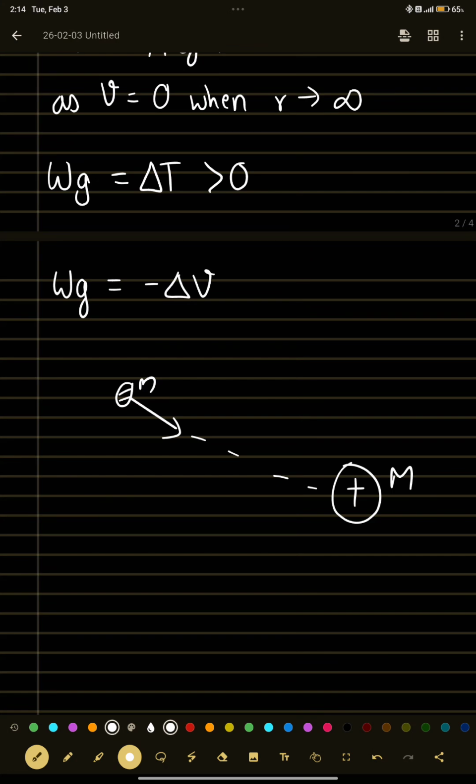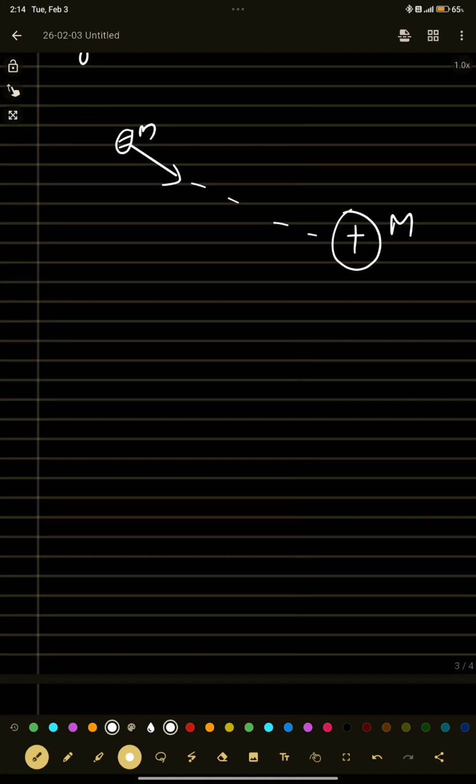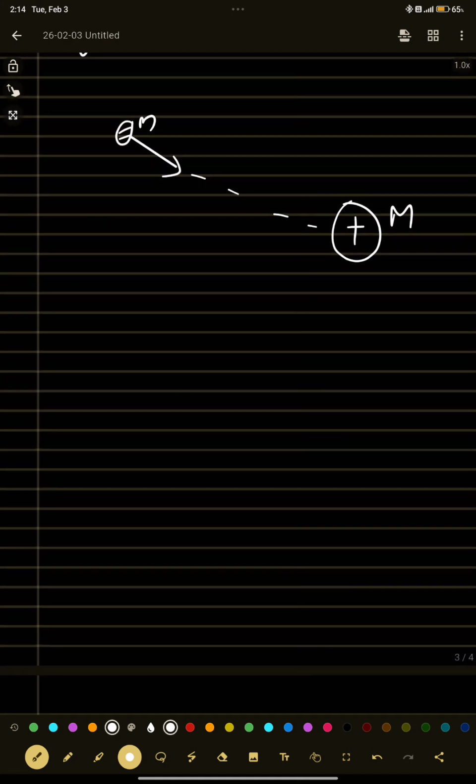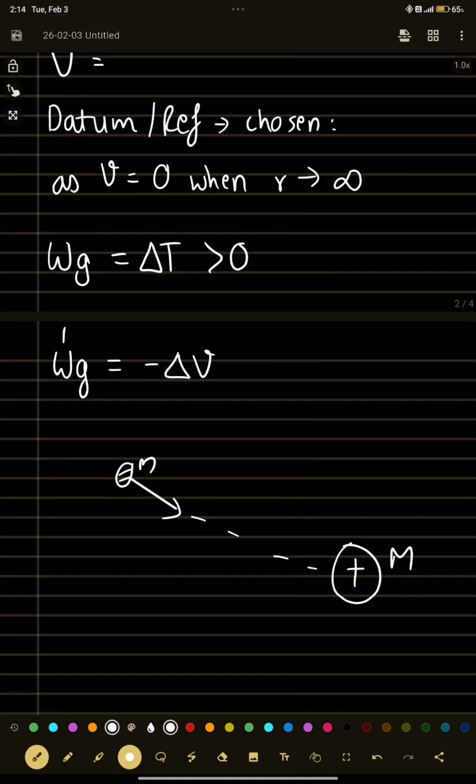So if you replace it over here, what you end up with is 0 equal to del T plus del V, because the work was minus del V. Now the change in kinetic energy was positive because it was accelerating, and the left hand side is 0.